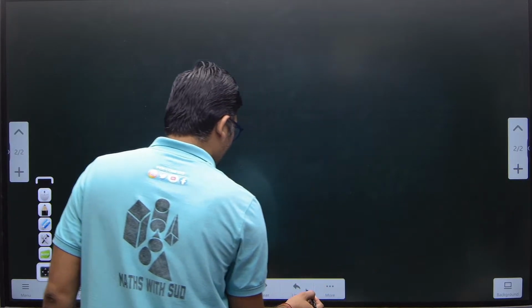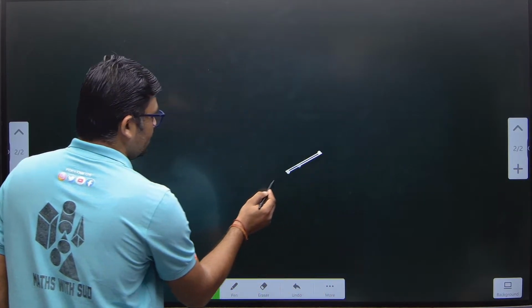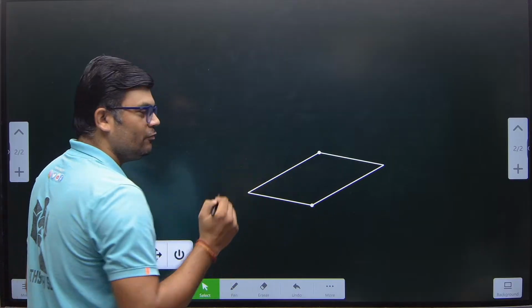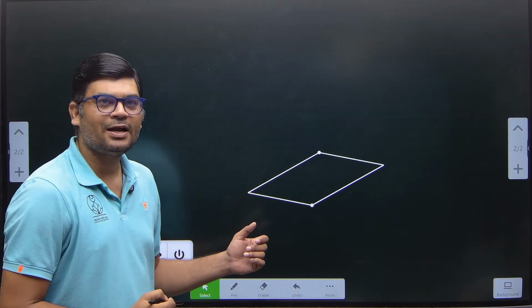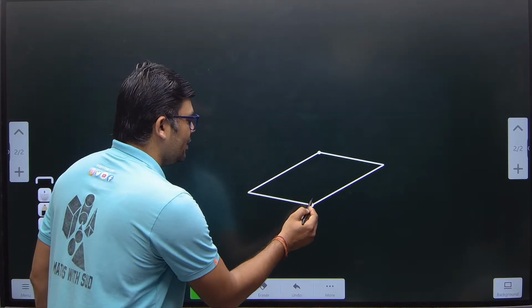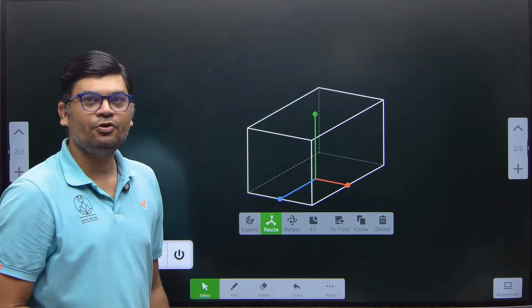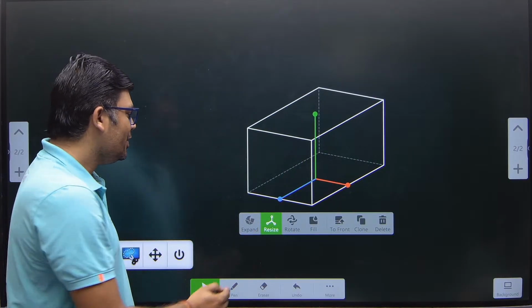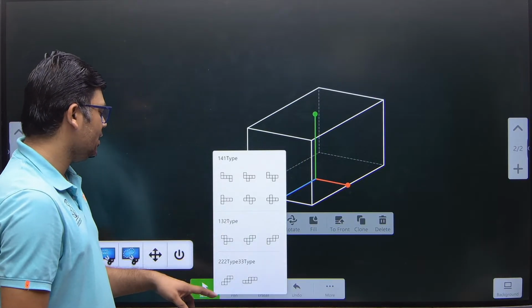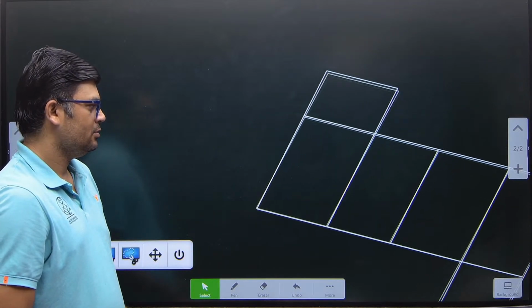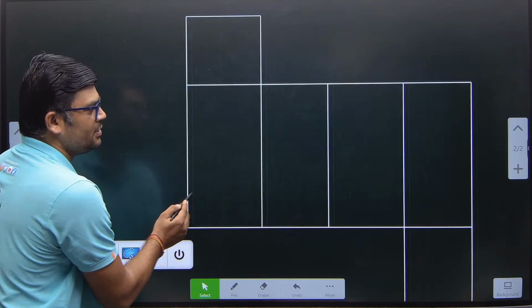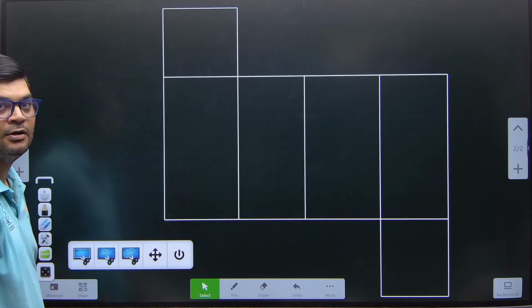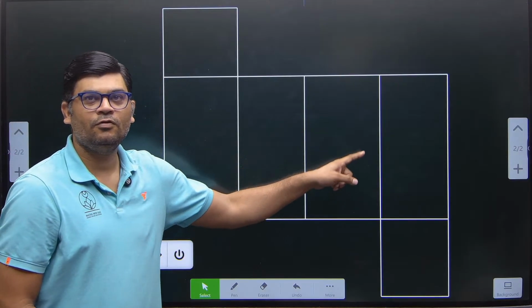Okay, let me show you for others as well. What is this shape? This is a square, let us say. If I increase with the same height, it will become a cube. Now if you expand this, you will find 6 basic squares: 1, 2, 3, 4, 5, 6.